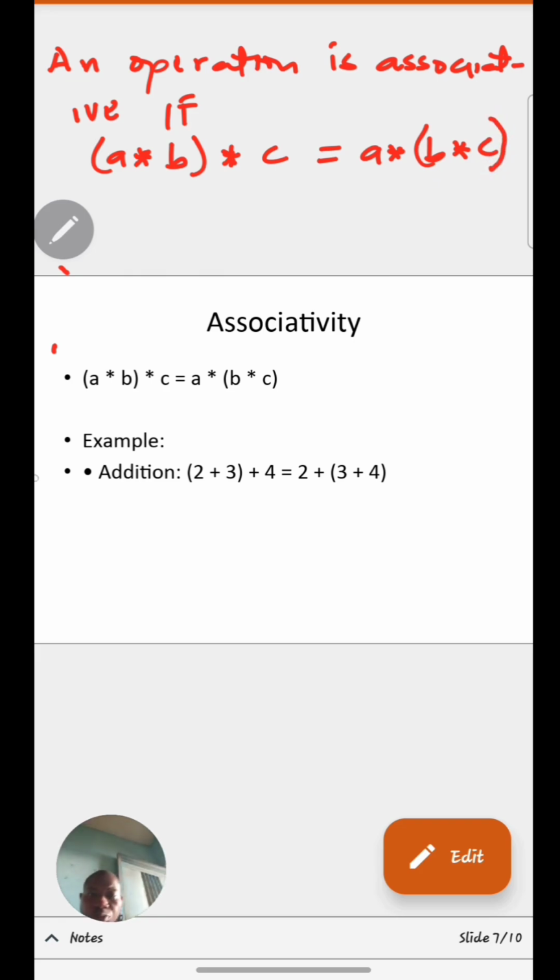So when we have this type of condition, we say they are associative.